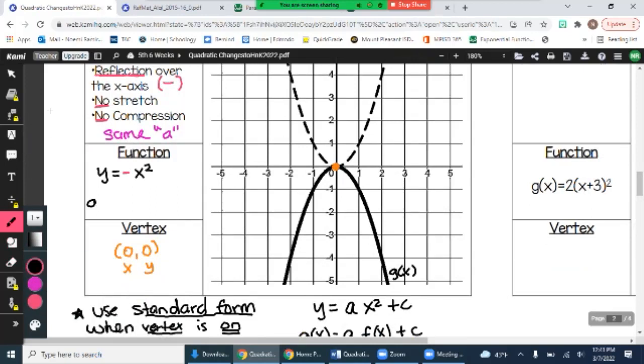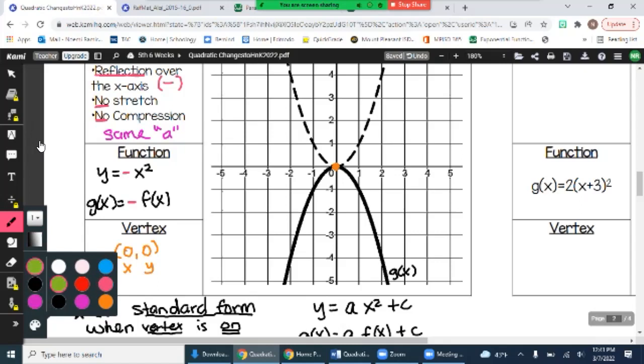Let's write it in function notation. G of x, instead of the x squared, we replace it with f of x. And all of the other changes are the same. Bring down that minus sign. That's it. G of x is equal to negative f of x. So you could see it in words. They can give you a graph or they can give you an equation and you have to come up with the words. That's why we're looking at it all the way through.